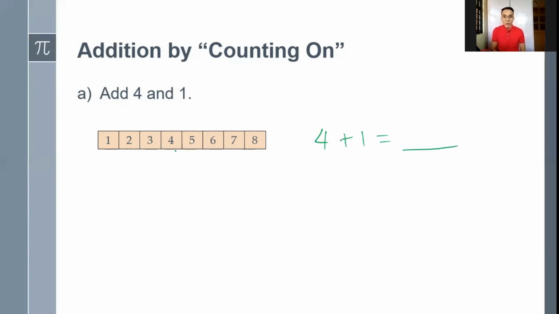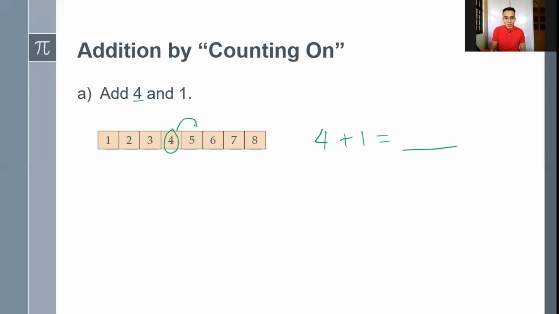So how do we use this number tape? This is what you're going to do. The first thing is to look for number 4 in the number tape. This is number 4. And since addition is about moving forward, not backward, we're going to go to the right.